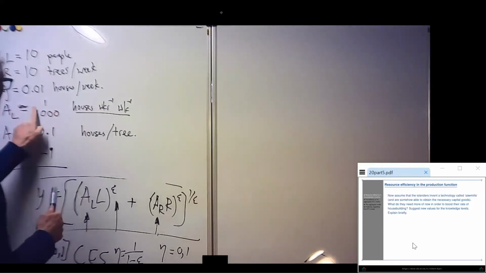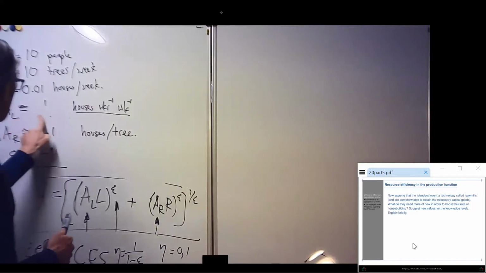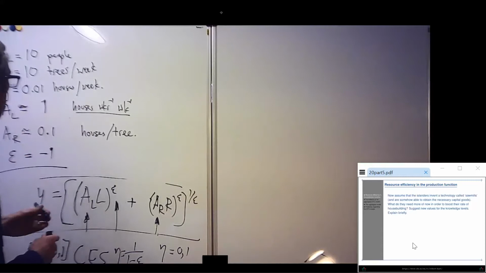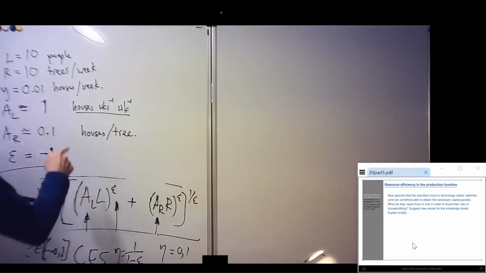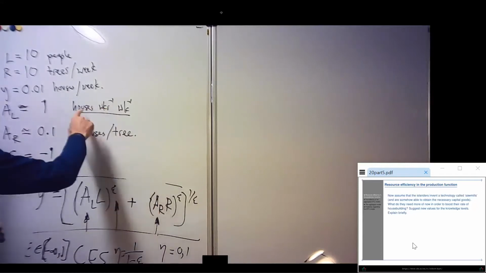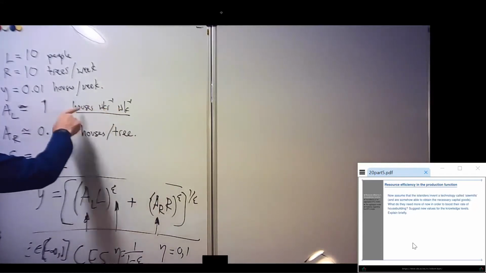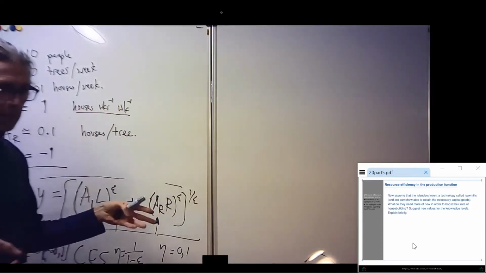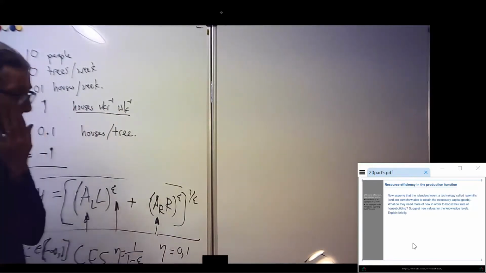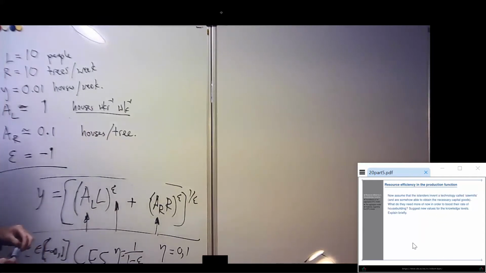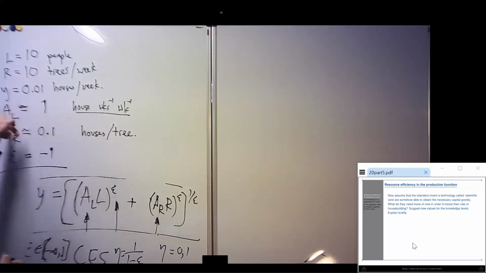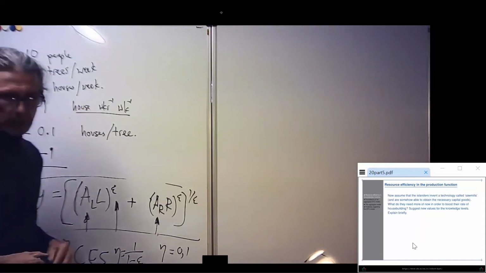So let's say AR stays the same, but AL goes up to 1. So each worker can cut enough planks, given unlimited trees, to make a whole house per week. Remember, putting the planks together into houses is quick. That's no problem. It's making the planks that's tricky. So 1 house per worker per week, labor has become 1,000 times more productive.